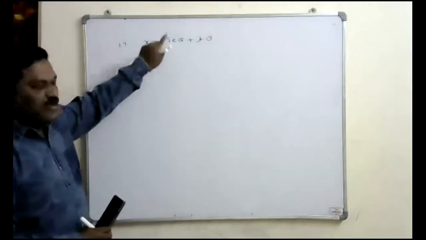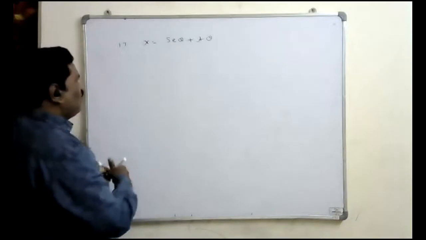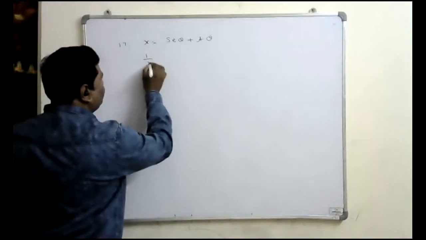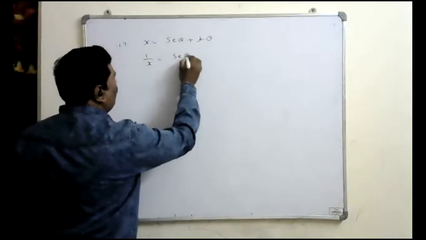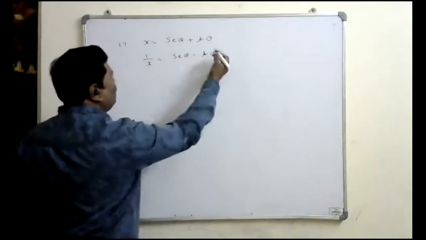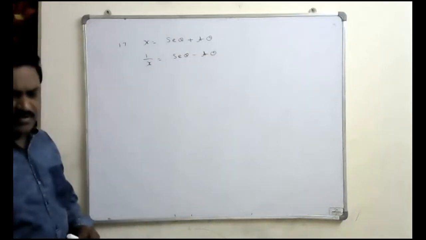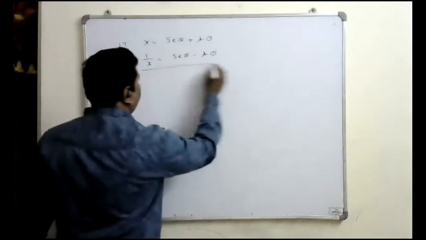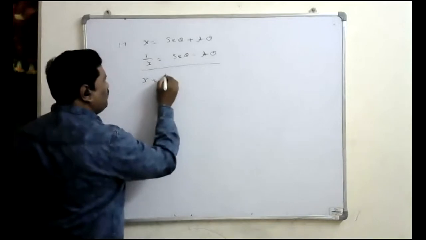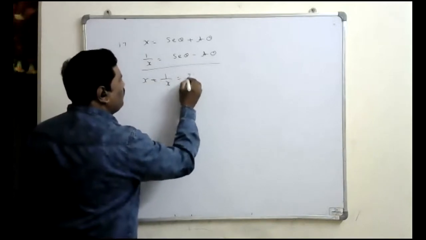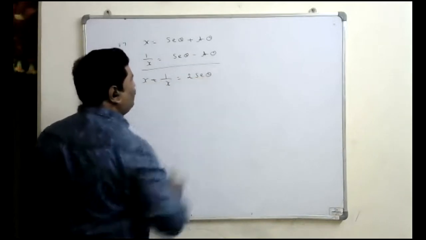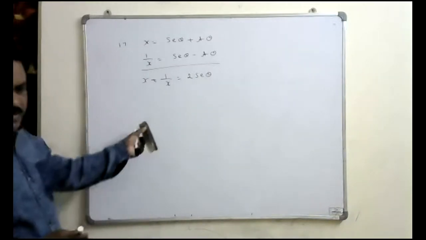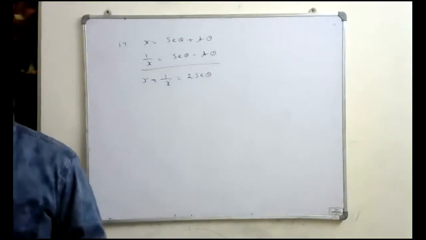Therefore, if x is secant theta plus tan theta, then 1 by x becomes secant theta minus tan theta. Now, if we add them, x plus 1 by x is equal to 2 secant theta, where tan theta gets cancelled. That is the answer.